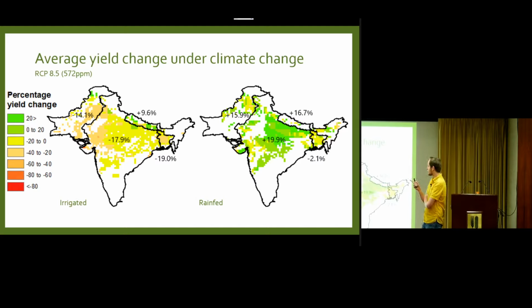On your first question, why does the rainfed production seem to increase despite temperatures also increasing? We're still trying to figure out exactly why.